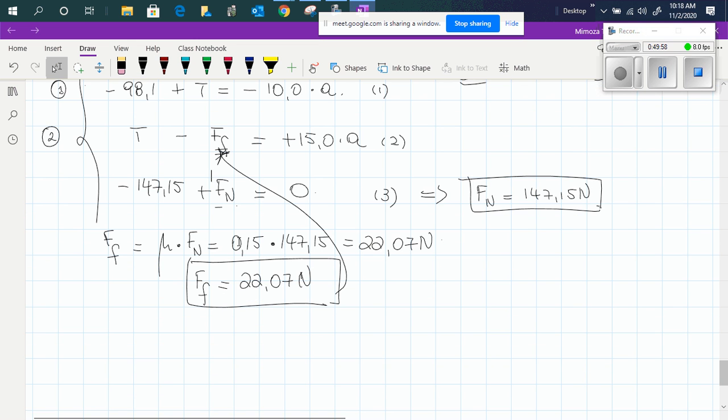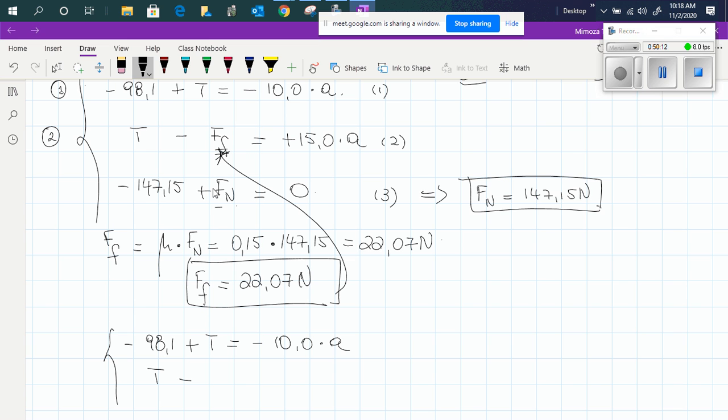And then this whole system turns out to be negative 98.1 plus tension is equal to negative 10 times acceleration, and tension minus 22.07 is equal to 15 times acceleration.